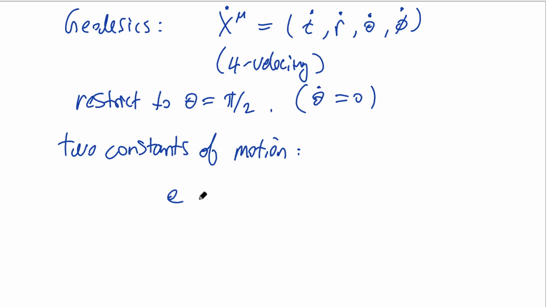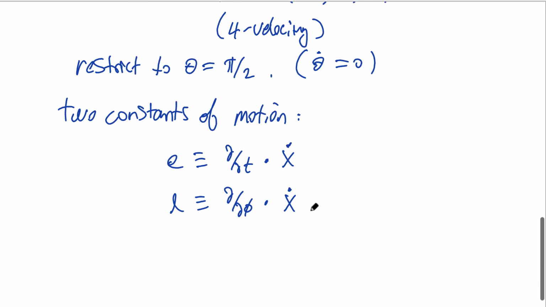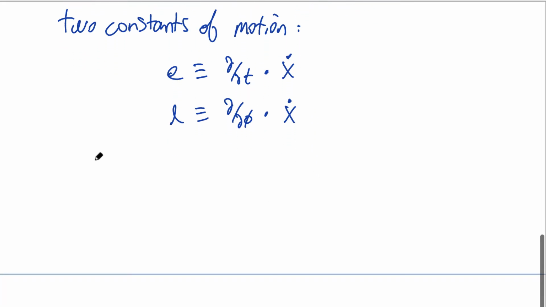Namely, what we'll call little e, which is the inner product of d/dt and x dot, the forward velocity, and little l, which is the inner product of d/dphi and the forward velocity. So these are first integrals of the geodesic equations, and we can evaluate these constants anywhere along the geodesic since they're constant.